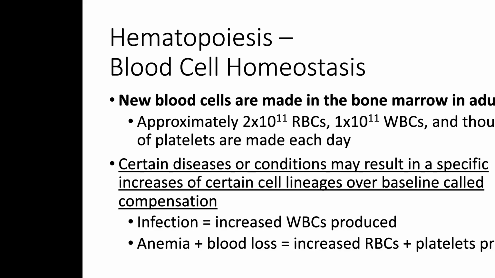Your body, when that happens, will naturally want to compensate or make up for the fact that you have a disease or a condition. An easy one to think of is any time you get an infection, your white cells are going to increase in response to that infection. If you're losing blood, or if you're anemic, then we're going to want to produce more red cells to make up for the anemia.